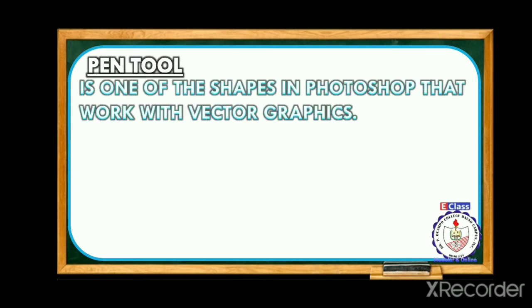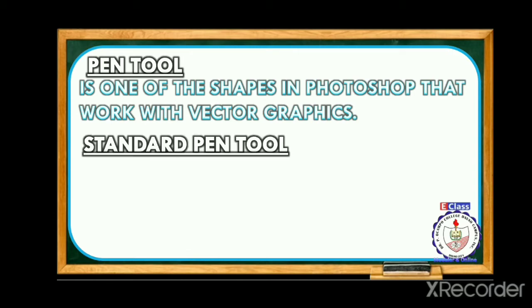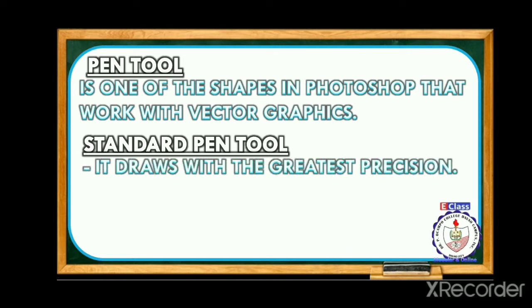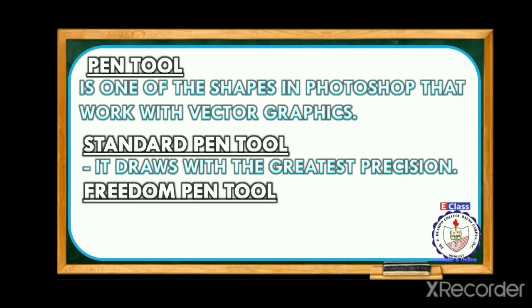But before we proceed, the first is the pen tool, which is one of the shape tools in Photoshop. Second is the standard pen tool. It draws with the greatest precision. Third, the freeform pen tool.